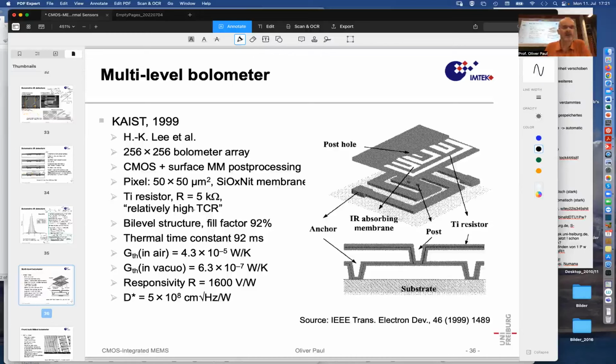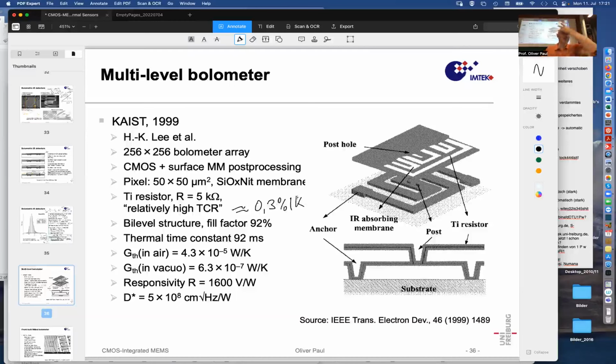So they had a titanium 50 by 50 micrometer, also pixels with silicon oxynitride membranes, titanium resistor with 5 kilo ohm. They say a relatively high temperature coefficient of resistance, but I'm pretty sure it's around 0.3, maybe 0.4% per Kelvin.